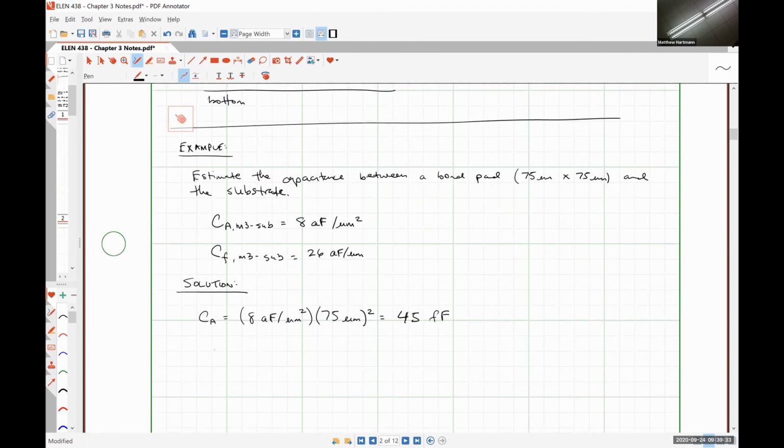The fringe capacitance is going to be our value of 26 attofarads per micron multiplied by the perimeter of our pad, right? So that's going to be 4 times 75, which is 300 micron.